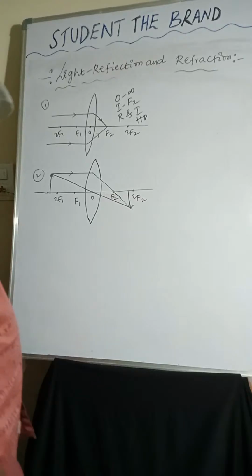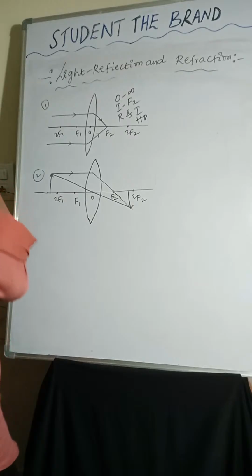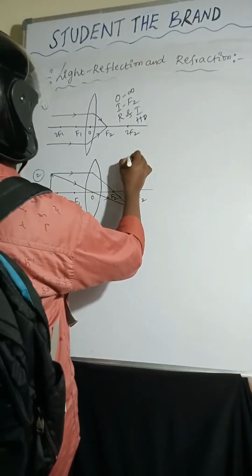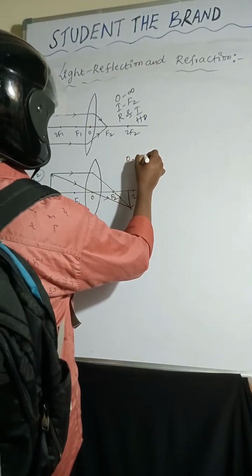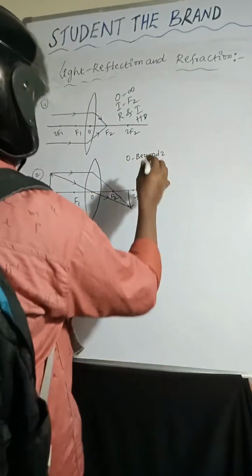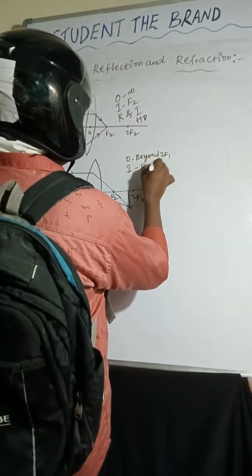Okay. So now you can observe here. Observe carefully. Object is beyond 2F1. Image will form between F2 and 2F2.